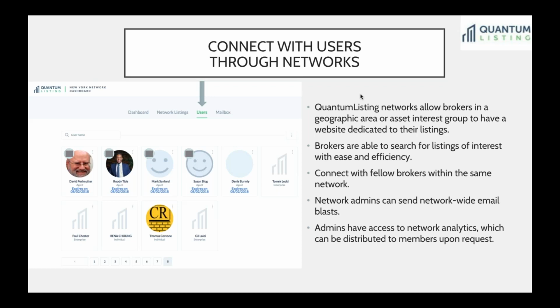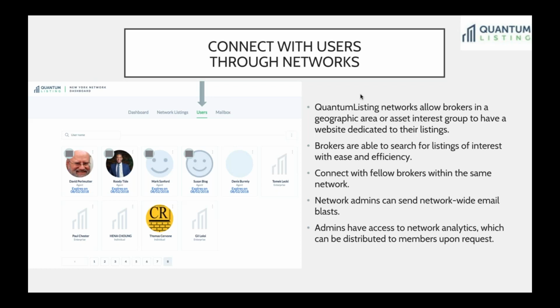That'd be super easy for us to do, and we'd be happy to work with you on doing that. Brokers are able to search for listings of interest with ease and efficiency on their networks. What you're looking at here on the left side, by the way, is the network admin's dashboard. We'll show you the networks in action in a moment.